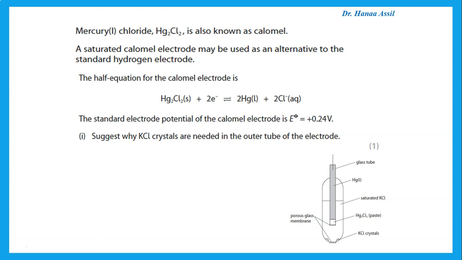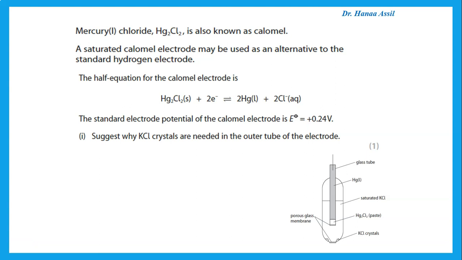The half equation for this electrode is given. The standard electrode potential of the calomel electrode is given as plus 0.24. Remember that the electrode potential for the hydrogen was given 0 volts. We did not study calomel, but we're told that the electrode potential is plus 0.24 volts.